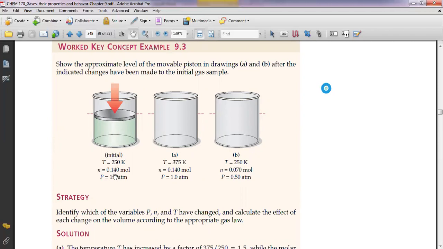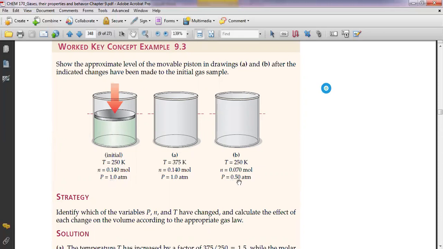The initial number of moles was 0.140, and this is going to decrease to 0.07, half of the initial. So what is happening with the pressure? The pressure is also going to decrease by half.